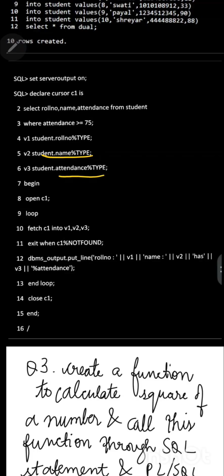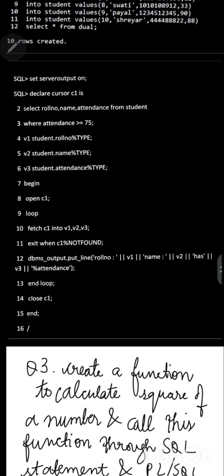They should have the same data type as student.roll number, student.name, student.attendance respectively. For all of them, we give percent type, which means the same type as the roll number of student, the same type as the name of the student, and the same type as the attendance of the student. This is how we are going to give the values.